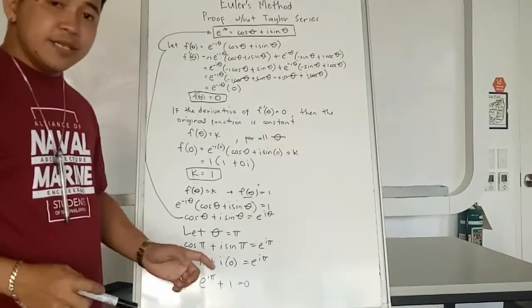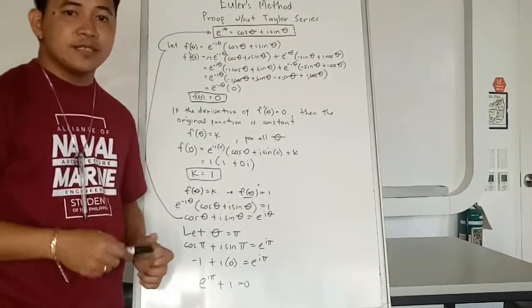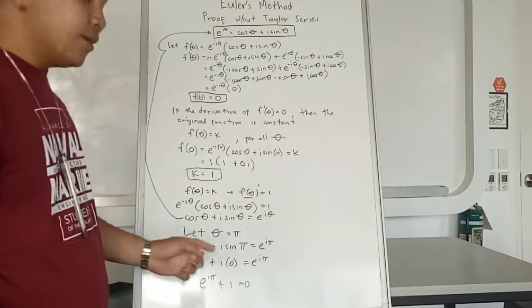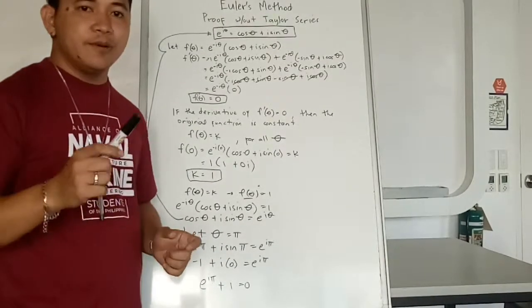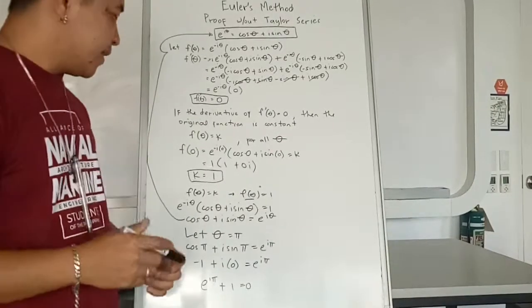So what's amazing in this Euler's identity is that they link together in one simple relationship four completely different concepts in mathematics.